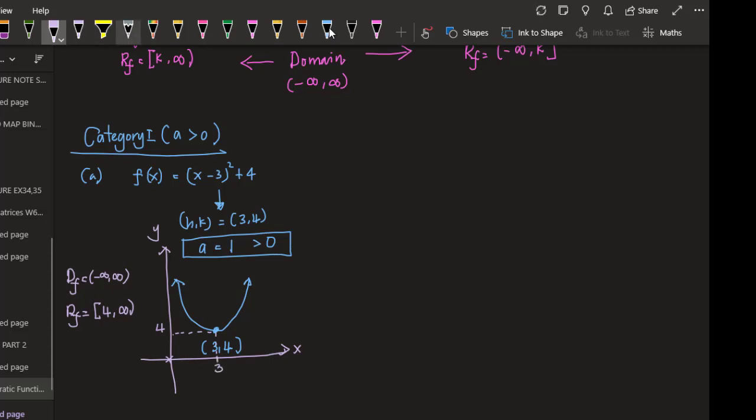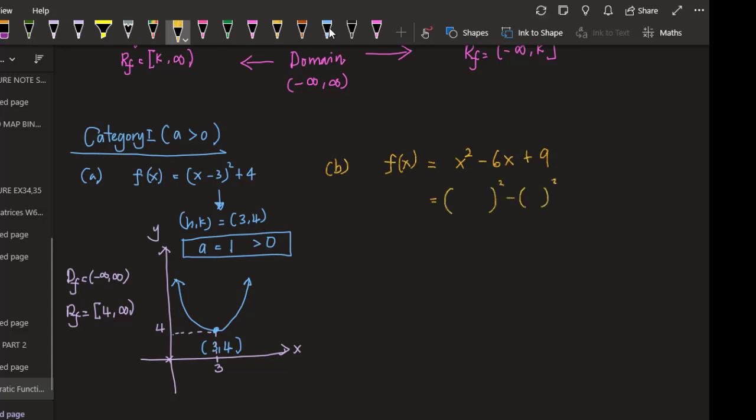So this is A. Now look at question B. What if the question doesn't give you the perfect form? For example, they give you x^2 - 6x + 9, which doesn't have the a(x - h)^2 form. So we have to do completing the square. I hope you still remember how.